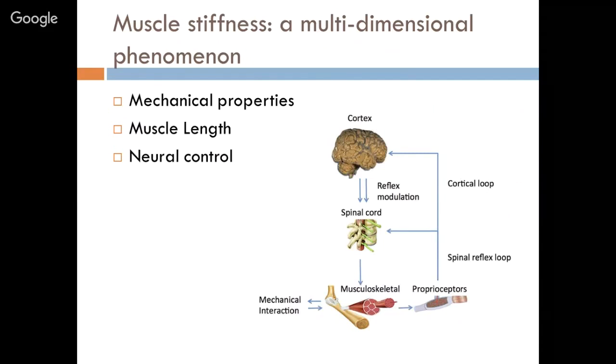But muscle stiffness is a multidimensional phenomenon. Mechanical properties, muscle length, which is also there, and neural control, all these factors determine muscle stiffness.